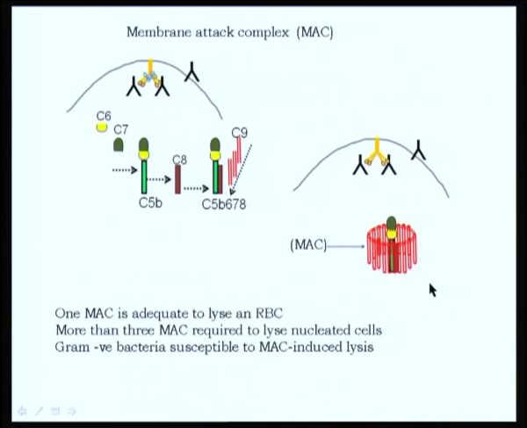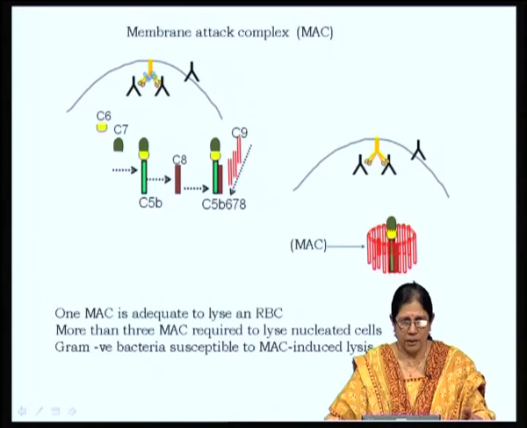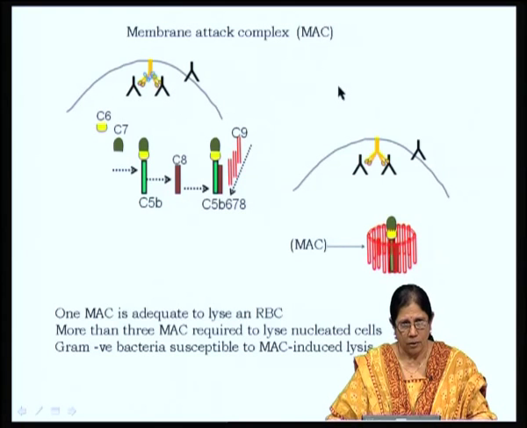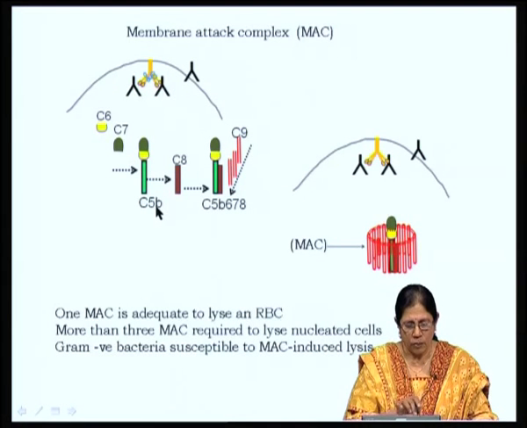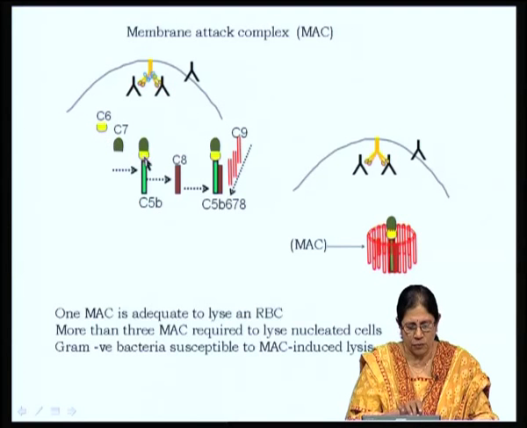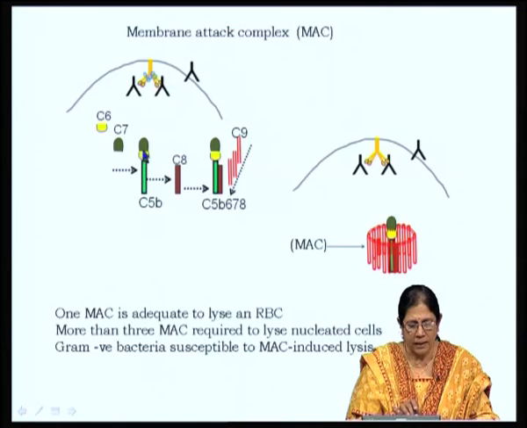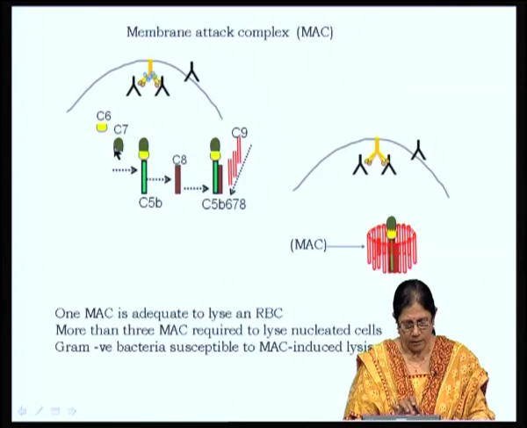Now, the rest of the sequence of events is identical between the classical and the alternate pathways, because you have formation of C5b, which recruits C6 first, and the binding of C6 to C5b makes accessible a binding site for C7.